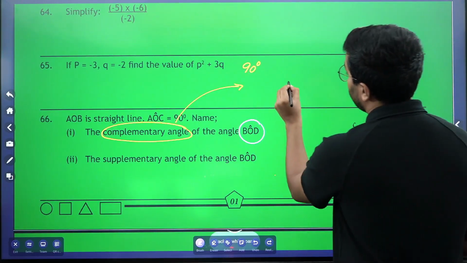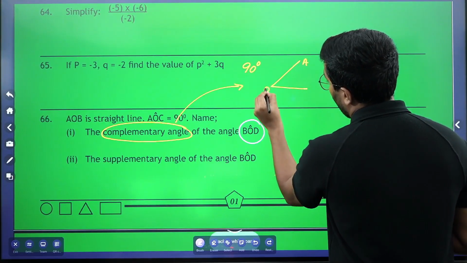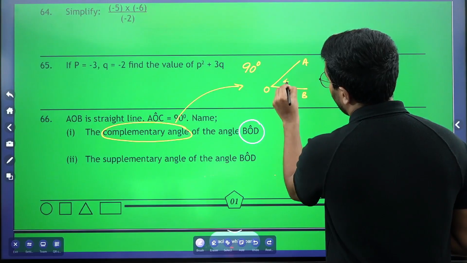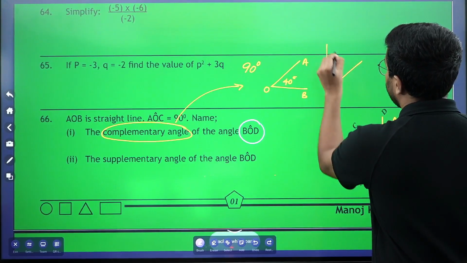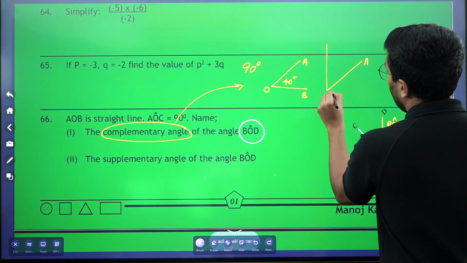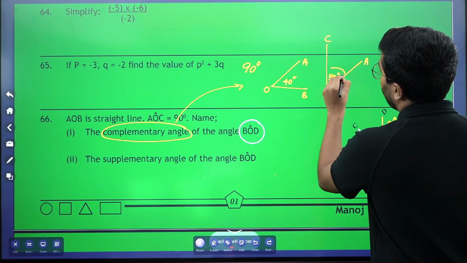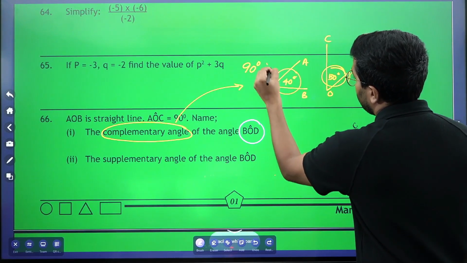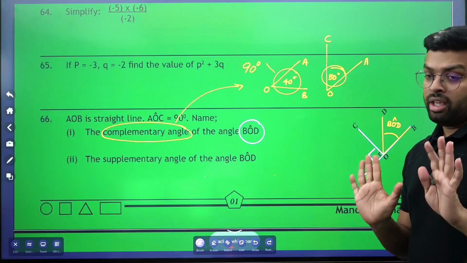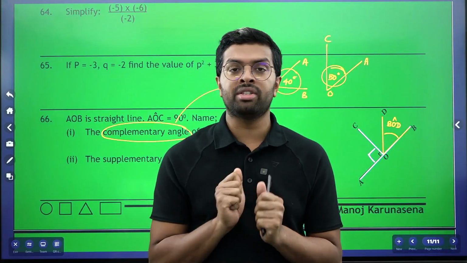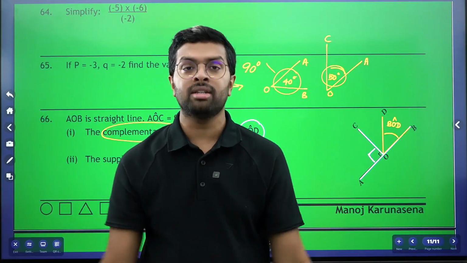Let's say for an example, we have angle AOB which is 40 degrees, and then we have AOC, let's say 50 degrees. The sum of these two angles equals 90 degrees. If the sum of two angles equals 90 degrees, such a pair of angles we call a pair of complementary angles.